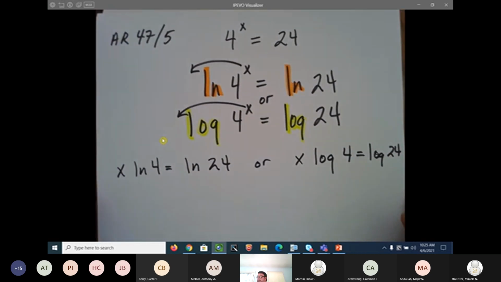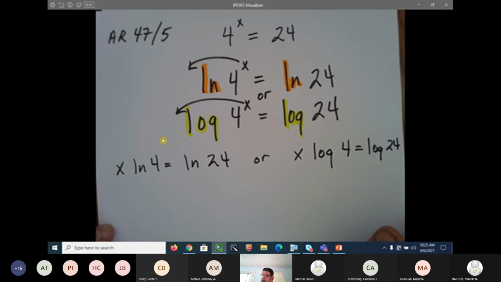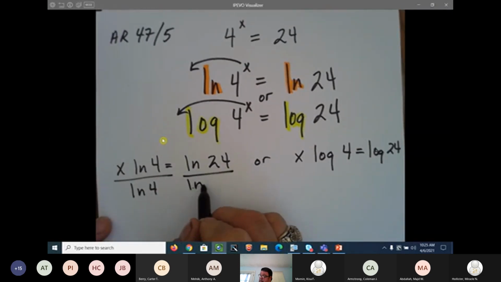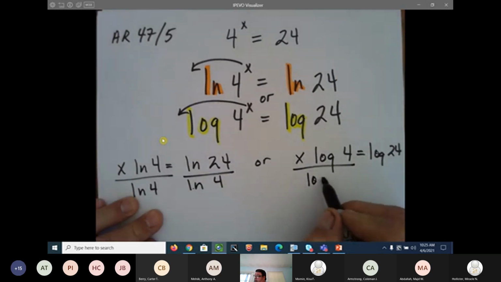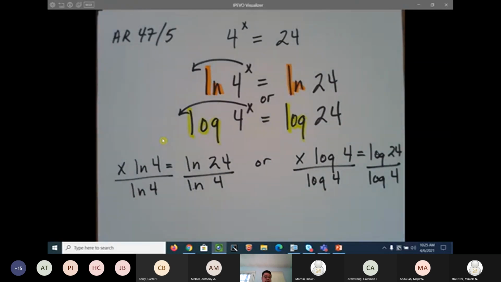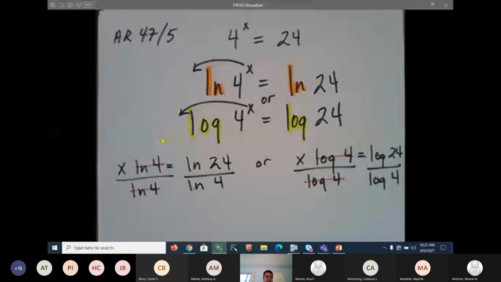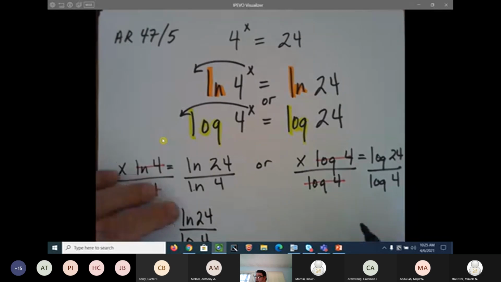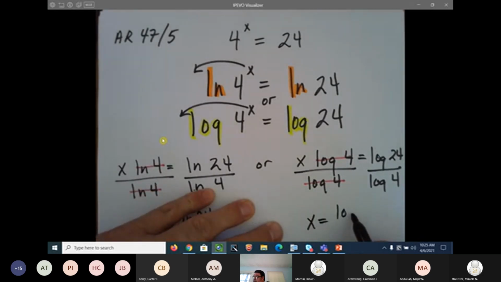Now what? Now it's just an algebra problem, Hubert, and you divide by the natural log or the log of 4. That's right, class. Y'all are on the ball. So x is equal to natural log of 24 over the natural log of 4, or x is equal to log of 24 over log of 4.